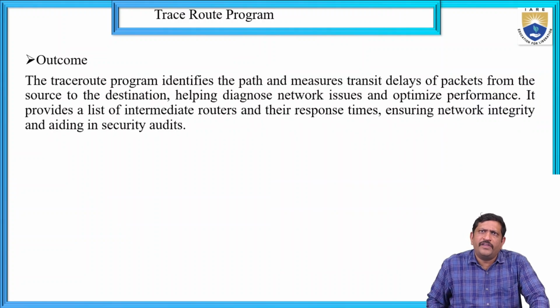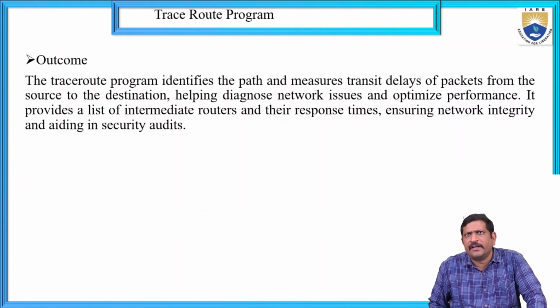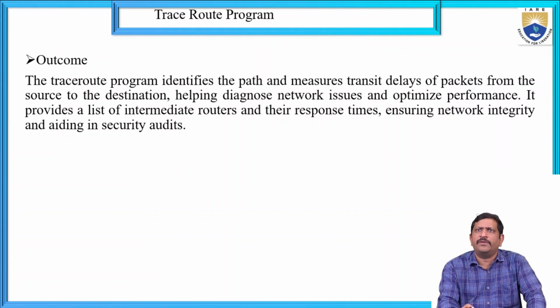So, the outcome of the traceroute program. The traceroute program identifies the path and measures the transit delay of the packets from the source to destination. It helps diagnose network issues. If there are any network issues between the source and the destination, those problems can be diagnosed and identified, whatever problems they are facing between the two networks.